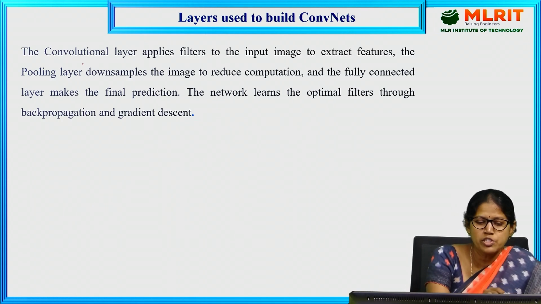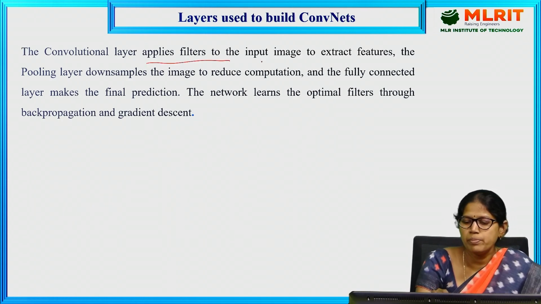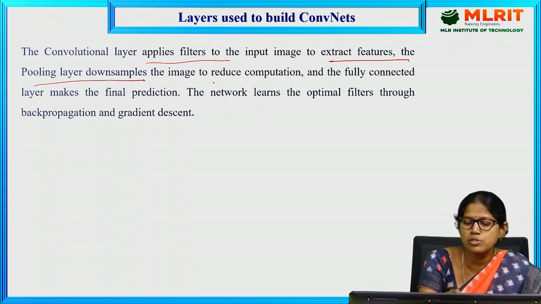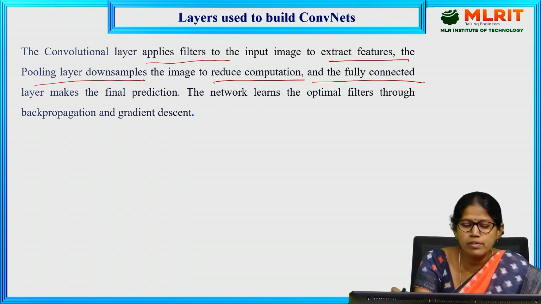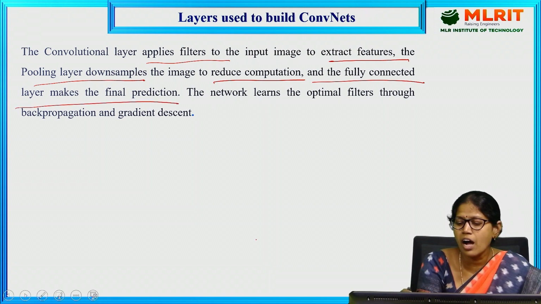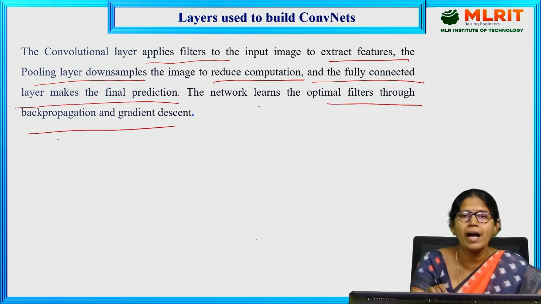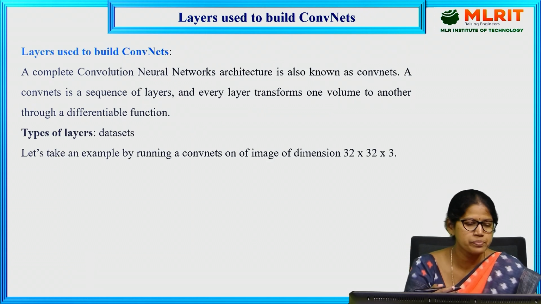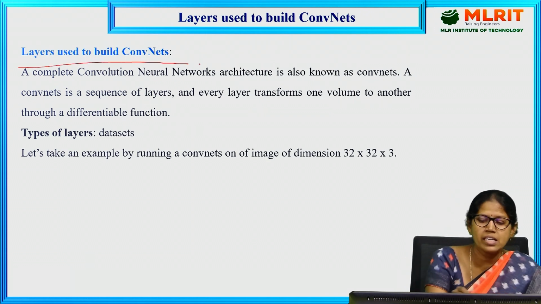So the convolution layer applies filters to the input image to extract features. The pooling layer downsamples the image to reduce computation, and the fully connected layer makes the final prediction. The network learns the optimal filters through backpropagation and gradient descent. Okay, what are the layers?